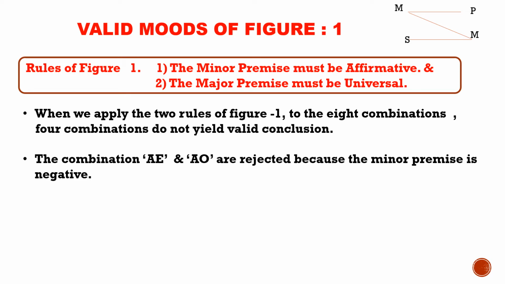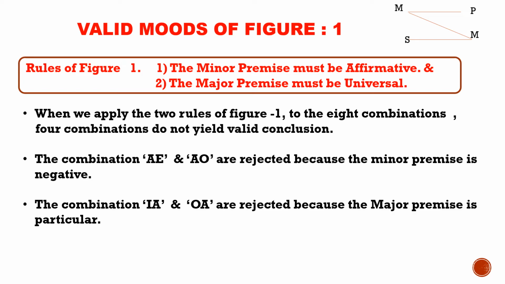That is, AE and AO are rejected. Why? Because the minor premise is negative here. E is negative and O is negative, whereas as per the rule, the minor premise must be affirmative. So these combinations are rejected. Then, the combinations IA and OA are also rejected.